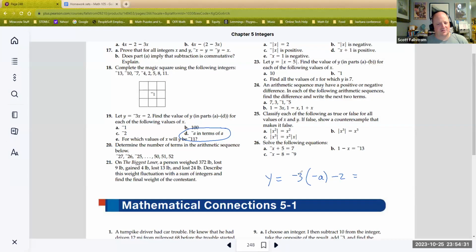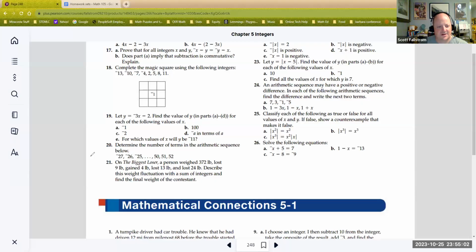And so when you get done multiplying a -3 times this opposite, you could really bring the opposite out and say it's the opposite of 3. So you end up with something that looks like this. And when they say in terms of A, they're saying make sure your answer includes A in it. So you won't be able to get rid of the A as you simplify. And that's it. That's the idea of solving something in terms of A.